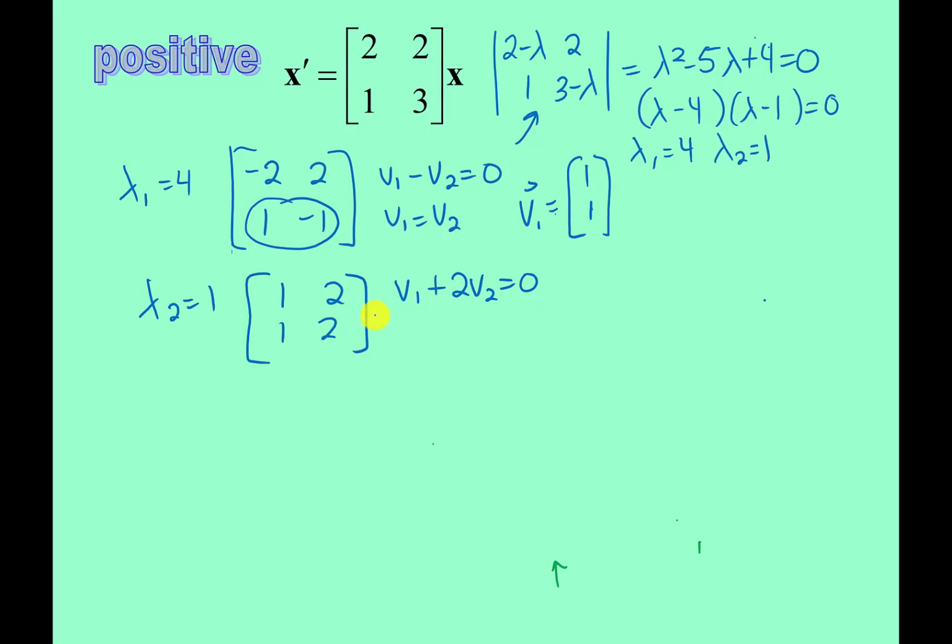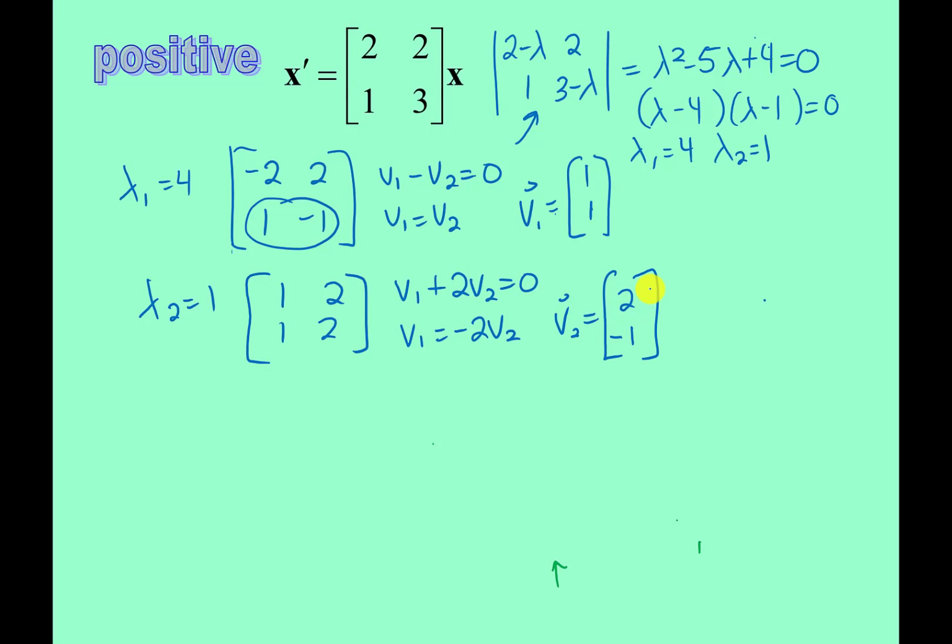So v1 is minus 2 v2. So let's just pick something that works there. We can pick anything, but we're after an easy one. What if we put in a negative 1 for v2? That means v1 would be 2. Any of these, as long as they're scalar multiples of the other, is going to work.